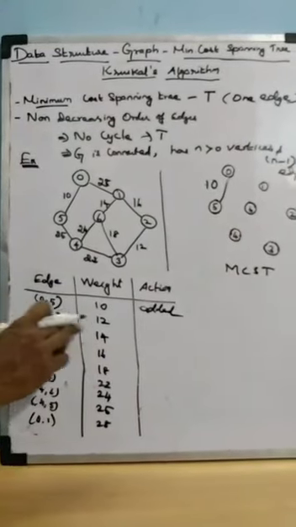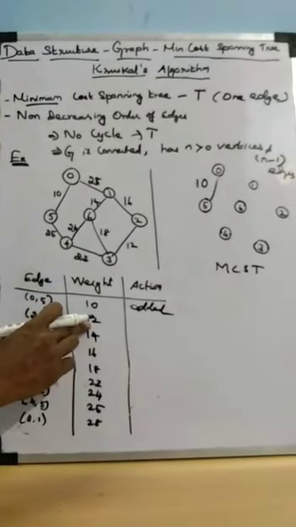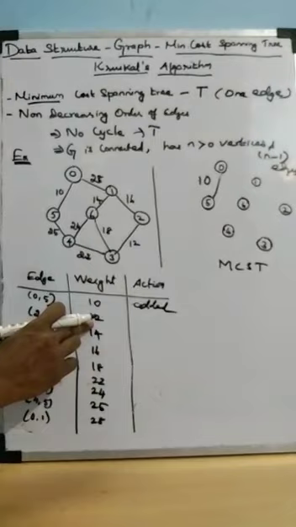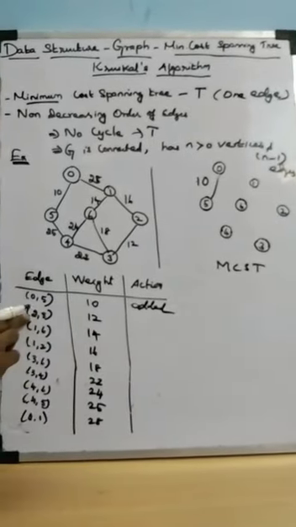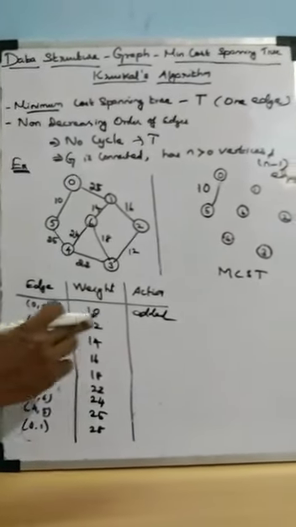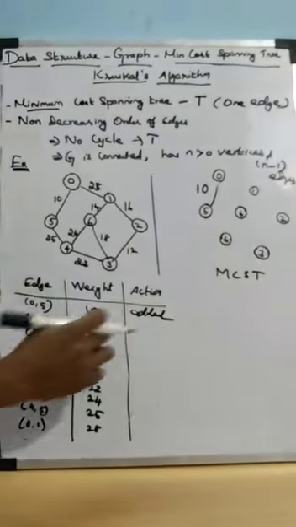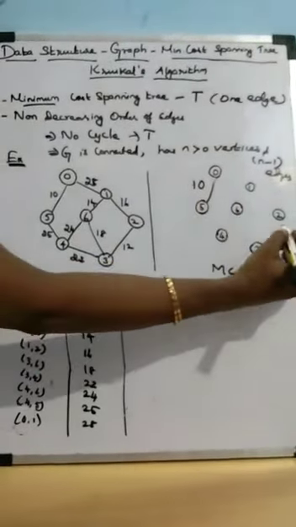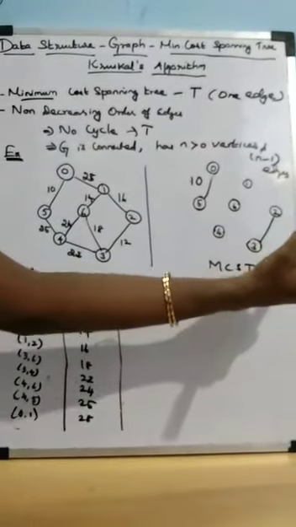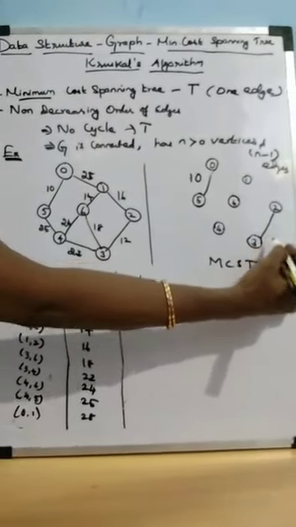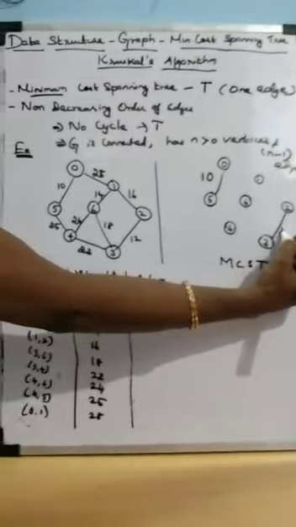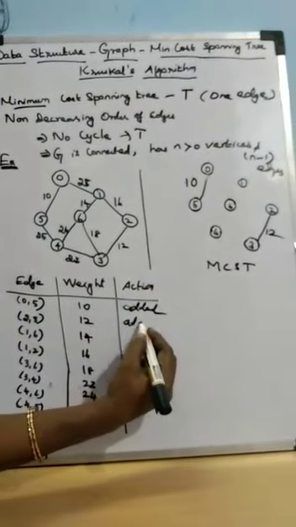Second, the next minimum cost weight is 12. The edge is 2, 3. It also does not form any cycle with the tree, so 2, 3 is also selected for adding to our tree. The weight is 12.